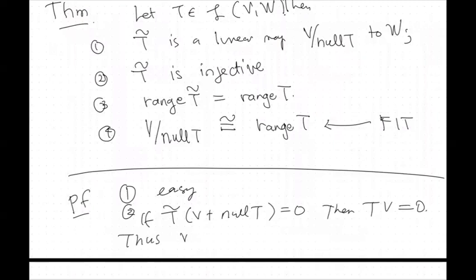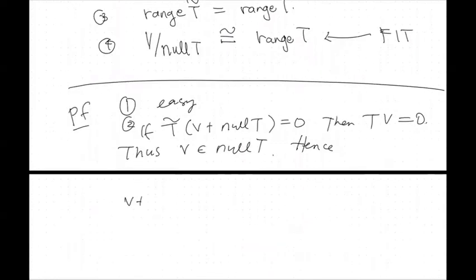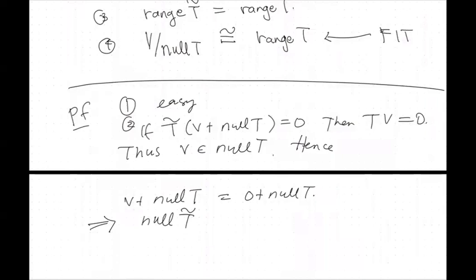That means v is in the null space of T. Hence, v plus null T is equal to 0 plus null T. This means that the null space of T tilde is just 0. Thus T tilde is injective.